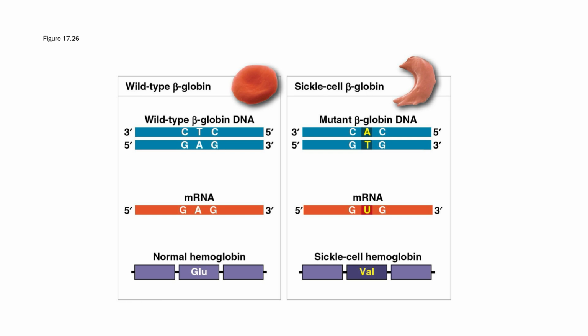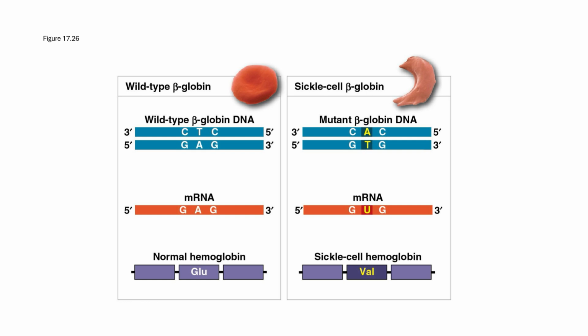So we can see here in hemoglobin what the wild type DNA would be in this specific area. And we have a T and an A in this area here. And it is going to switch to an A and a T. So the code is changing in this area.